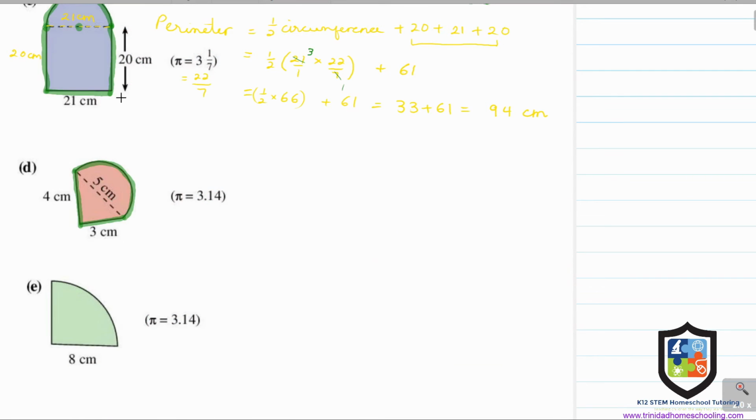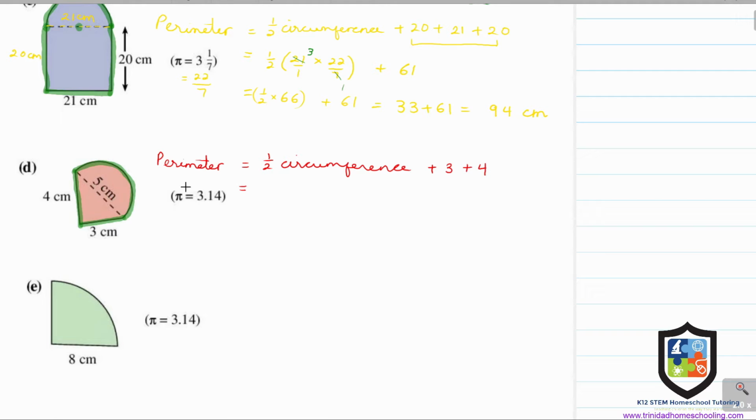Okay, so hopefully you paused the video and tried it yourself. So the perimeter, and your statements are very important. Don't try to skip ahead by just putting your working on the side and then putting your answer. So again, the perimeter is made up of a half of a circumference plus the side that says 3 and the side that says 4.